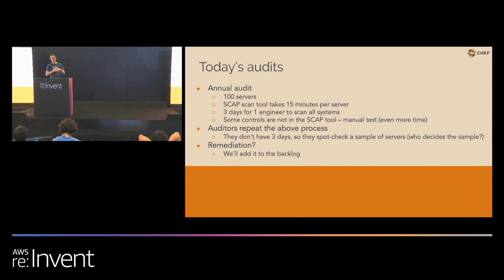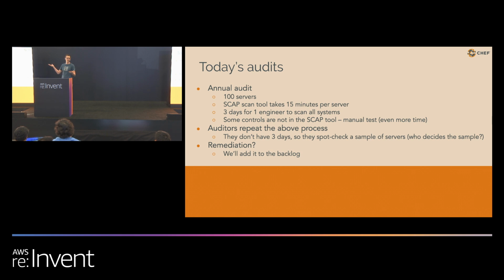Audits, we tend to see people scanning maybe once a year, where they take a subset of servers, and the SCAP scan tools are not fully able to automate all of the testing, so there's often a lot of engineering time and a lot of manual steps to audits. That's why they're only so often. And often audits are performed internally and then externally, and those auditors will repeat the same process but only on a sample of servers.